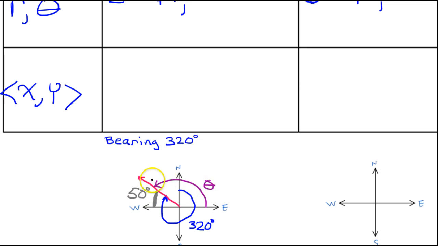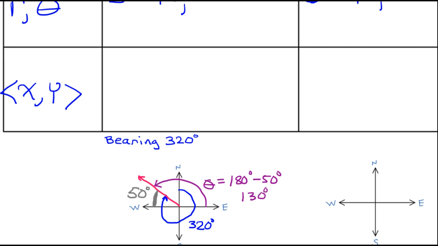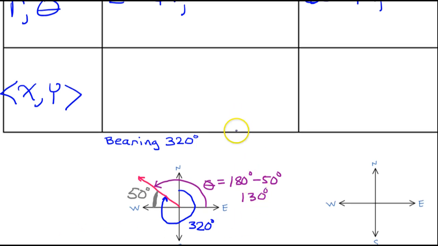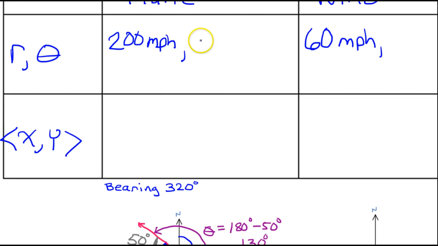Now we can figure out what the direction is as measured from the positive x-axis. This angle should be 180 degrees minus the 50. So that's going to be 130 degrees, which is the angle that we will record on the chart.